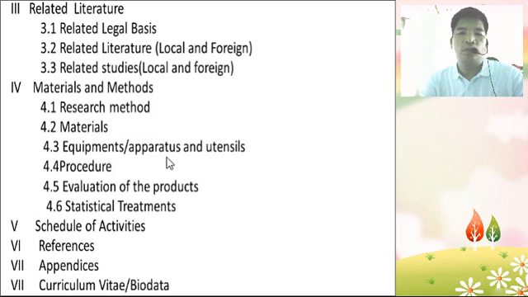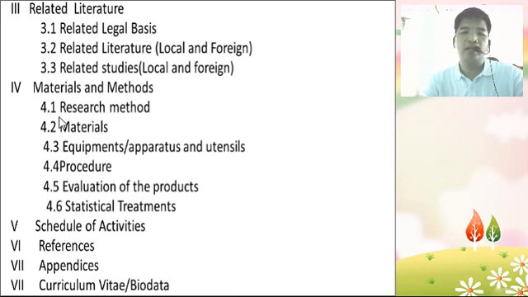And then we also have the related literature. Under related literature are related legal basis, related literature, from local and foreign, related studies, from local and foreign studies.